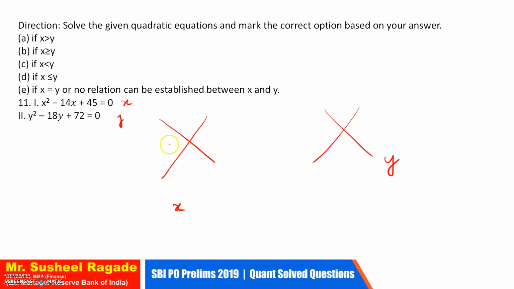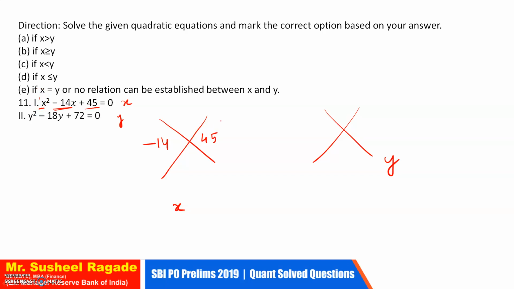On the left hand side, I have to write the coefficient of x, that is minus 14, and on the right hand side I have to write the multiplication of the coefficients. Here it is 1, so it is 45.